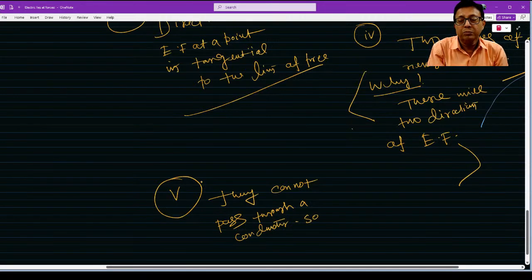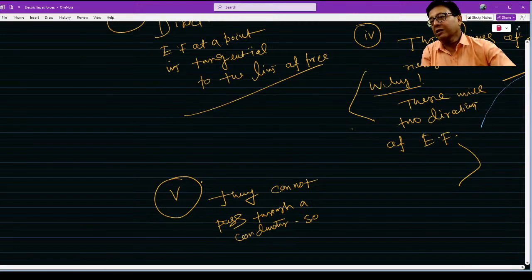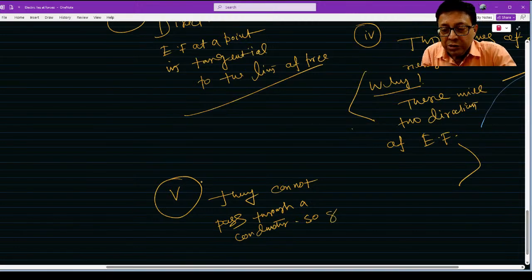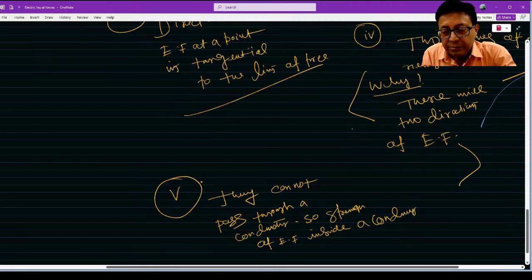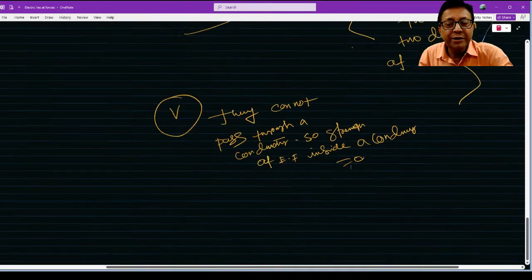So they cannot pass through a conductor. So the strength of the electric field inside a conductor is equal to 0. Okay.